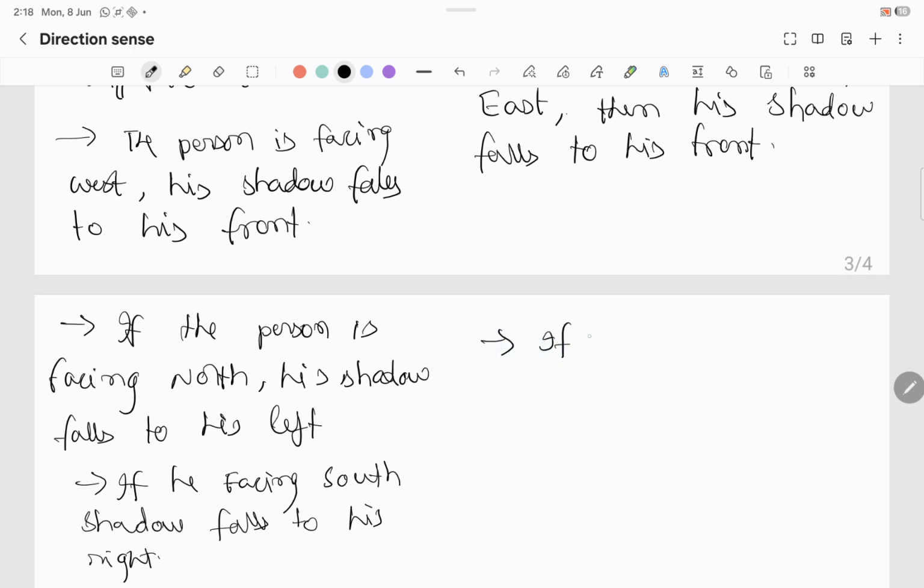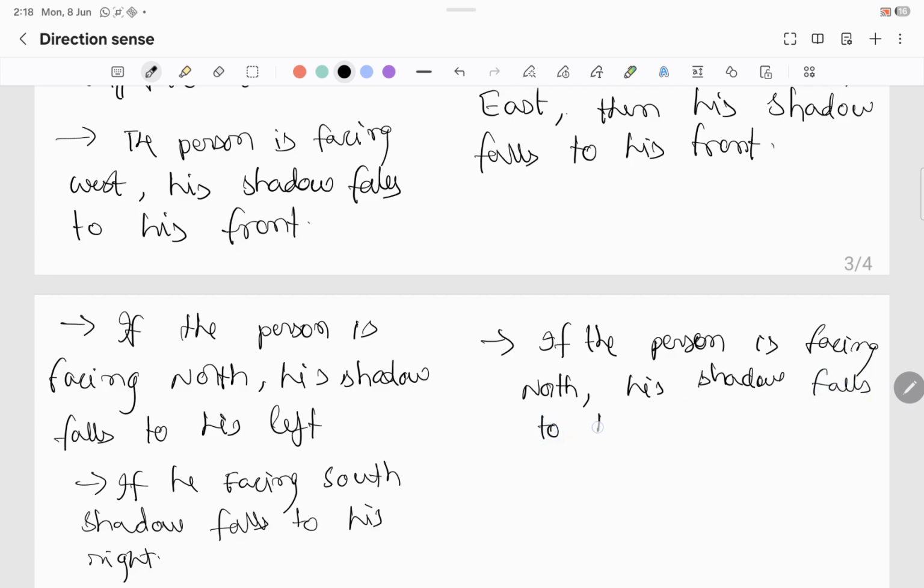In sunset time, means evening, if the person is facing north, his shadow falls to his right.